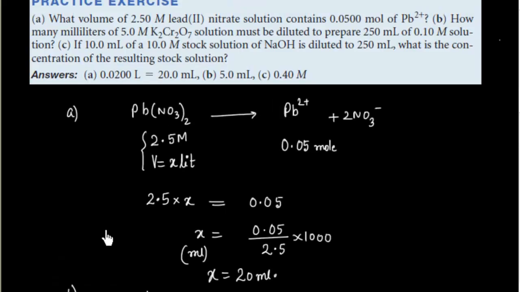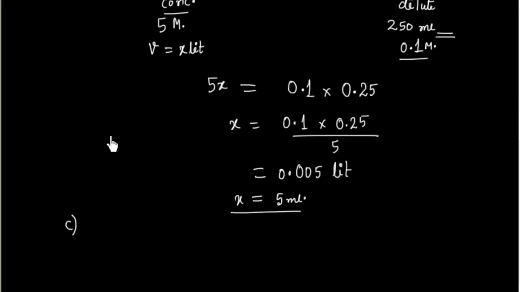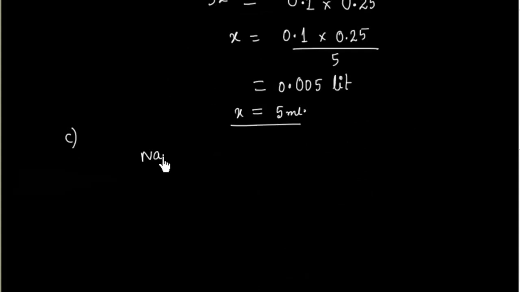Let us discuss part C. Now this says 10 ml of stock solution is diluted to 250 ml. A stock solution is generally a concentrated solution. What is the concentration of the resulting solution? So we have NaOH concentrated, that is a stock solution. Now this is converted into NaOH dilute.